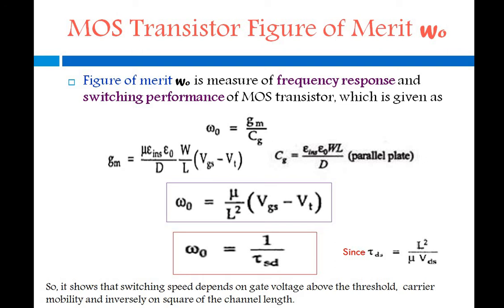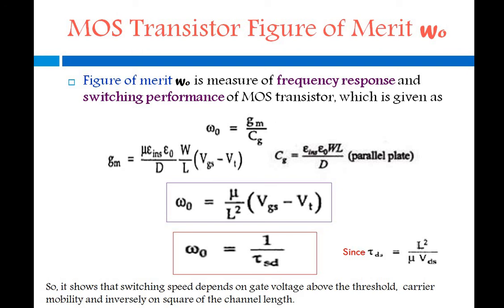After that we saw the transconductance Gm, which is the relationship between your output current and the input voltage Vgs, because you are applying the input as voltage. So Gm equals delta IDS divided by delta Vgs, and its answer is given as mu epsilon ins epsilon naught divided by d into W by L Vgs minus Vt.